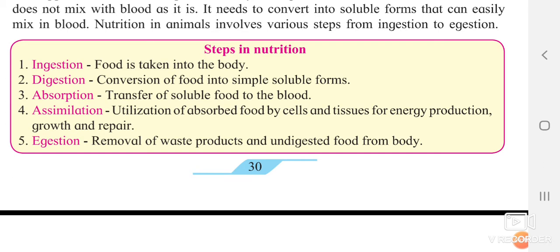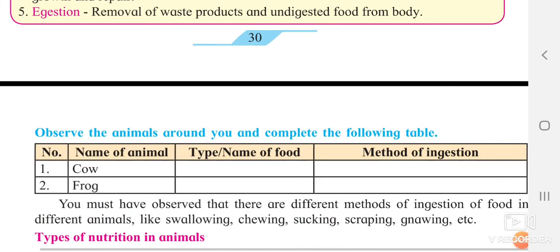Assimilation means the proper distribution of these nutrients. And egestion means what? Yes, it is removing the waste. In simple words, you can say excretion, the removal of waste products and undigested food from your body. Ingestion means the process of taking in the food, and egestion means to remove out the food.